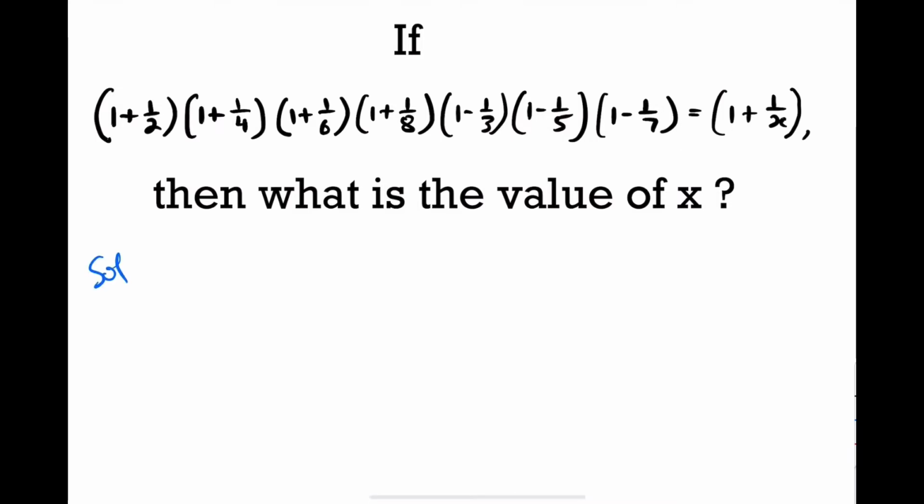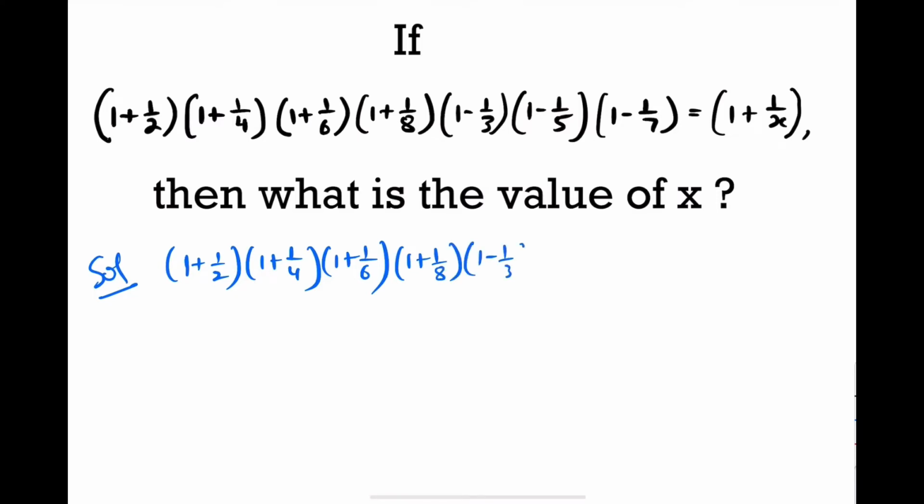So in this question we have (1 plus 1 by 2) into (1 plus 1 by 4) into (1 plus 1 by 6) into (1 plus 1 by 8) into (1 minus 1 by 3) into (1 minus 1 by 5) into (1 minus 1 by 7), and this is equal to 1 plus 1 by x.